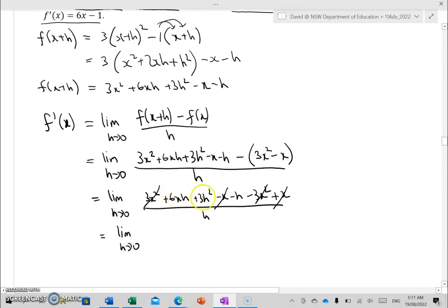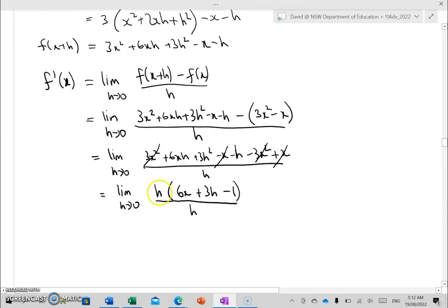Hopefully you can see that each term that I've got left involves an h. So I'm going to immediately take out a factor of h. If I take out a factor of h here, that 6xh will just be 6x. Taking out a factor of h there, that'll be 3h. Taking out a factor of h, that'll be minus 1. Okay, over, did I get all the terms? Yes, I did. Good, over h.